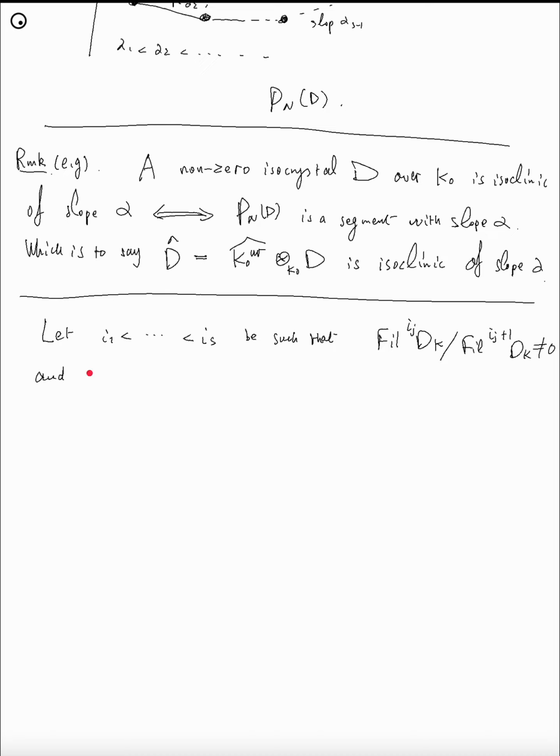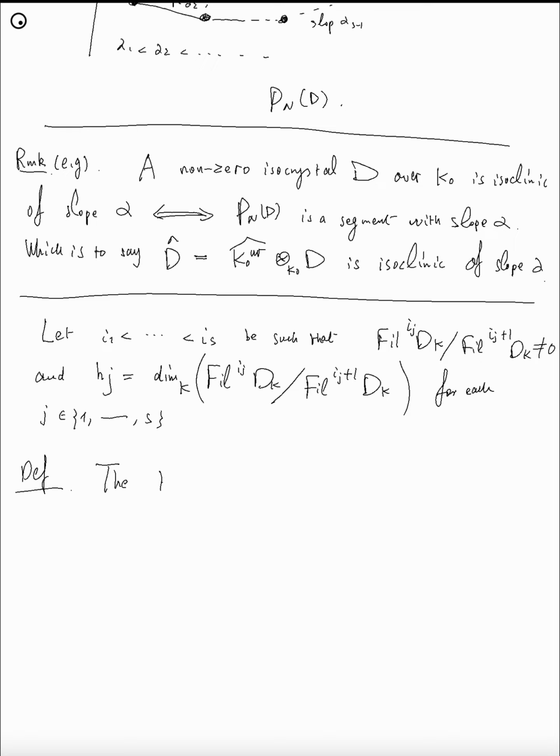And for this, we know the important thing is the dimension of the graded piece. So Fil^ij quotient Fil^ij+1 for each breaking index.